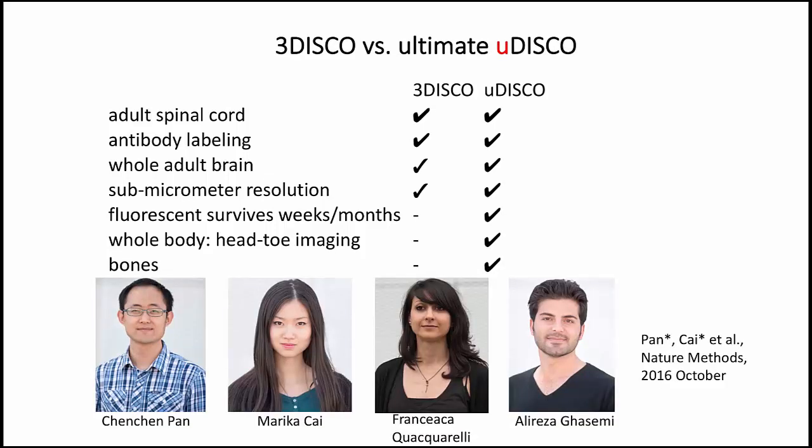And in the lab, Chen, Marika, Francesca, and Aliza took this job, and they ended up developing a much improved version that is called Ultimate DISCO or uDISCO, where the fluorescence could survive several weeks to months. Therefore, we could clear not only individual organs, but the whole body of the mouse, where you could see the signal throughout the entire body. We will go through this in a short time.